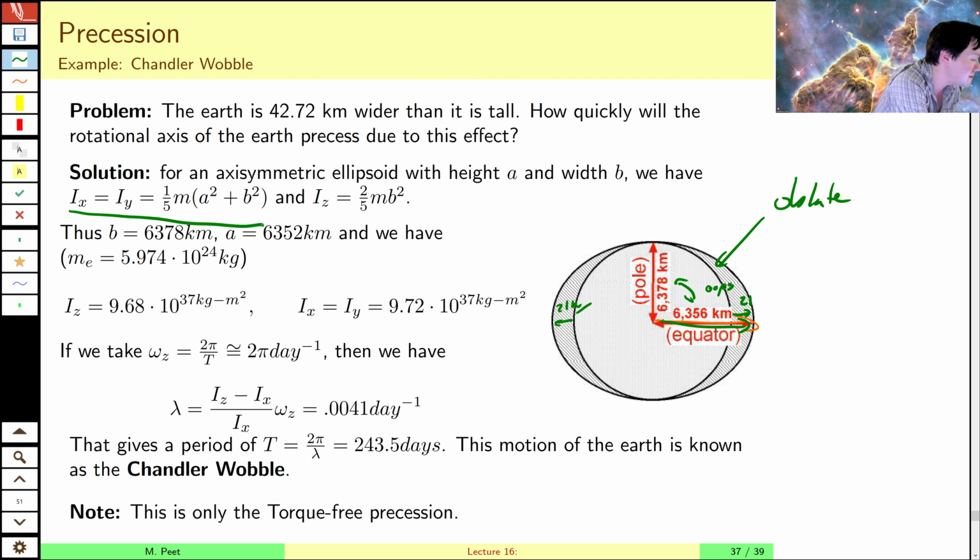So Ix and Iy are the same, and they're both equal to this. Here's the width. And Iz is just the width; it doesn't matter how tall it is, the height.